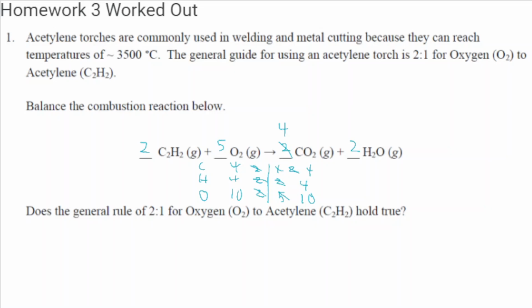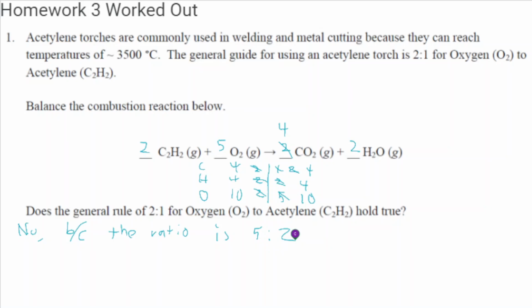So does the general rule of 2-to-1 oxygen to acetylene hold true? And there's a couple ways you could answer this. The first way you could do is you could say, no, it doesn't, because the ratio is 5 to 2.